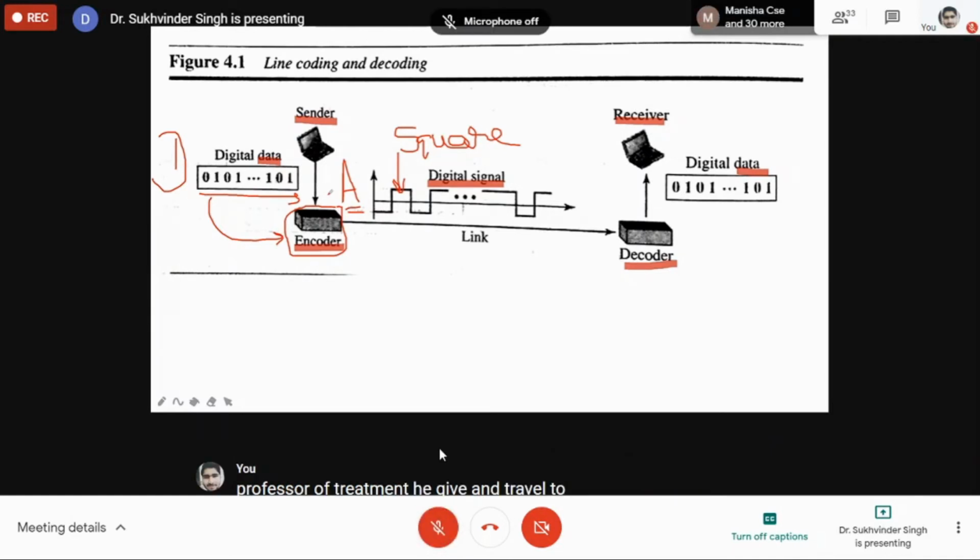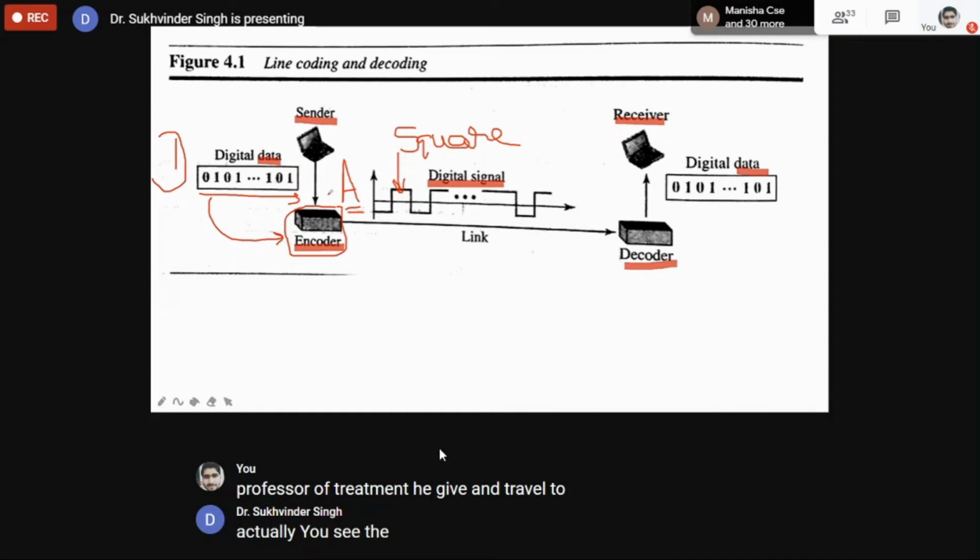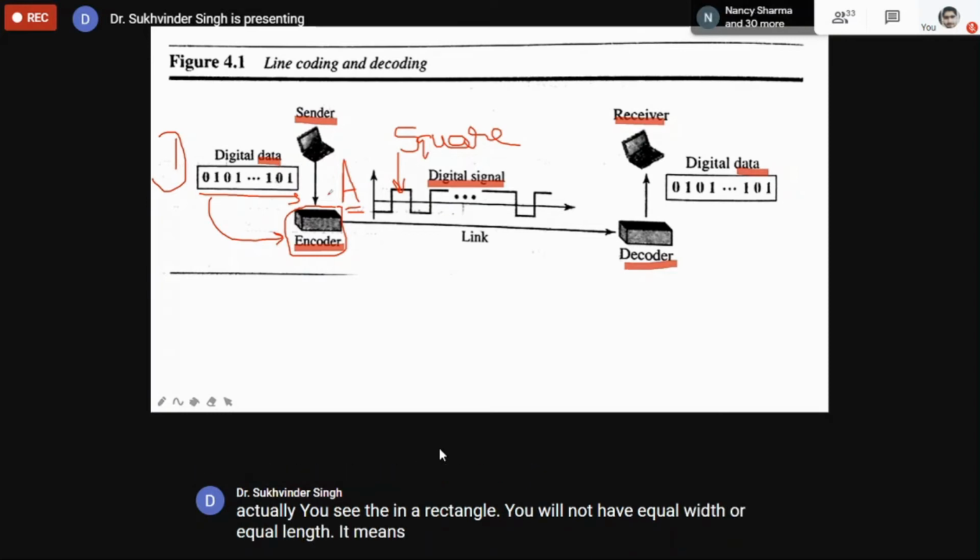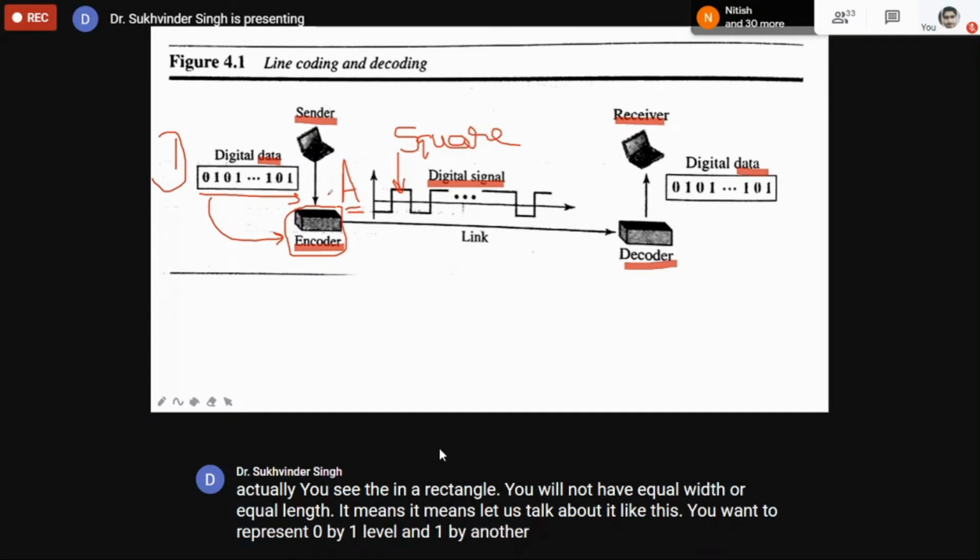Actually, in a rectangle, you will not have equal width and length. Let us say you want to represent 0 by one level and 1 by another level in a rectangle.